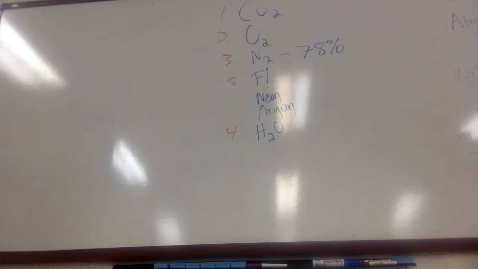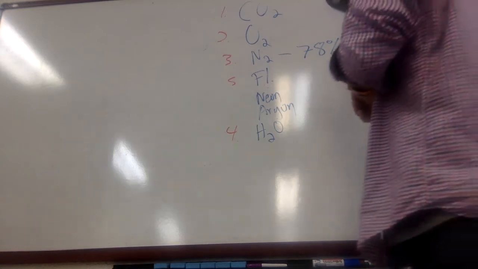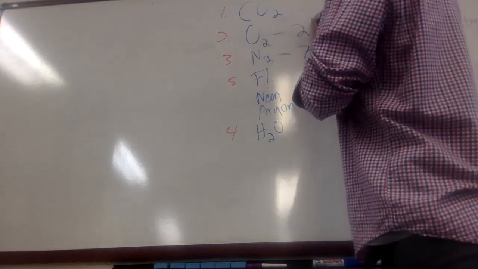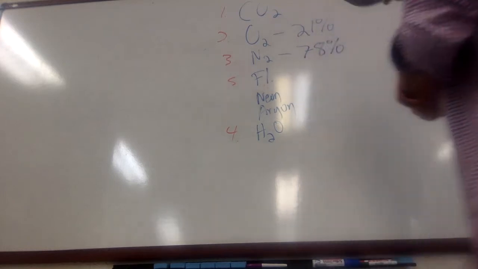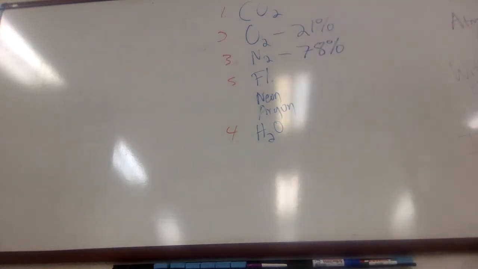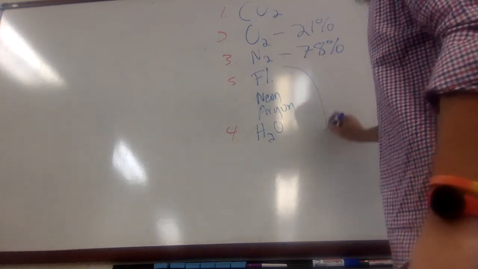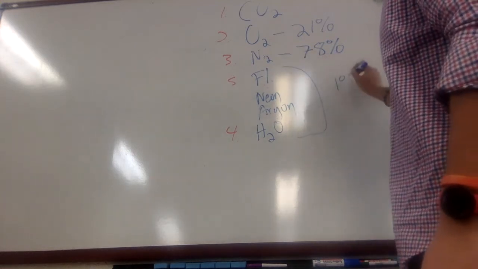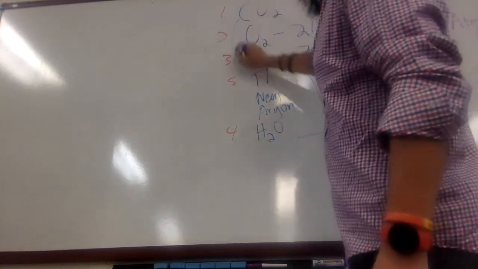Next most common: oxygen is 21%. Cool. What's that leave us? 1%. Everything else in the atmosphere is 1%, and that includes CO2.